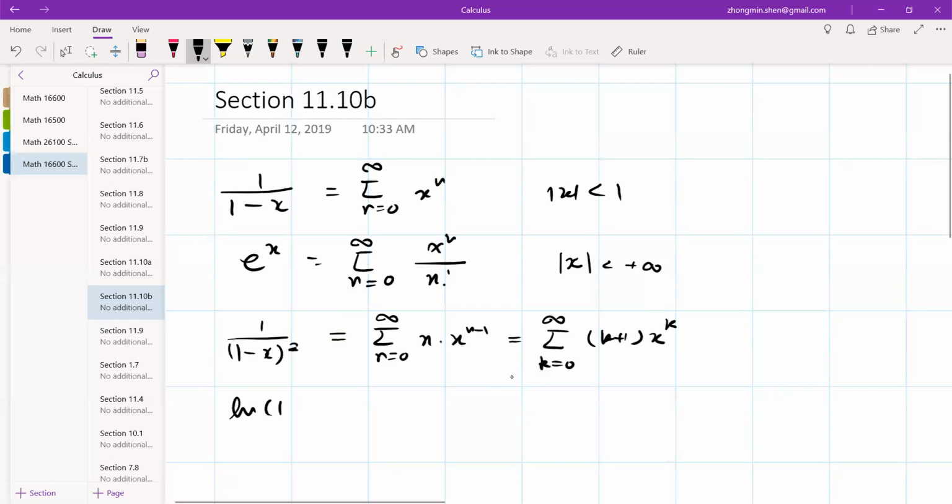And if you integrate it, so natural log of 1 minus x, and that is going to have a negative sign, and that should start from 1.